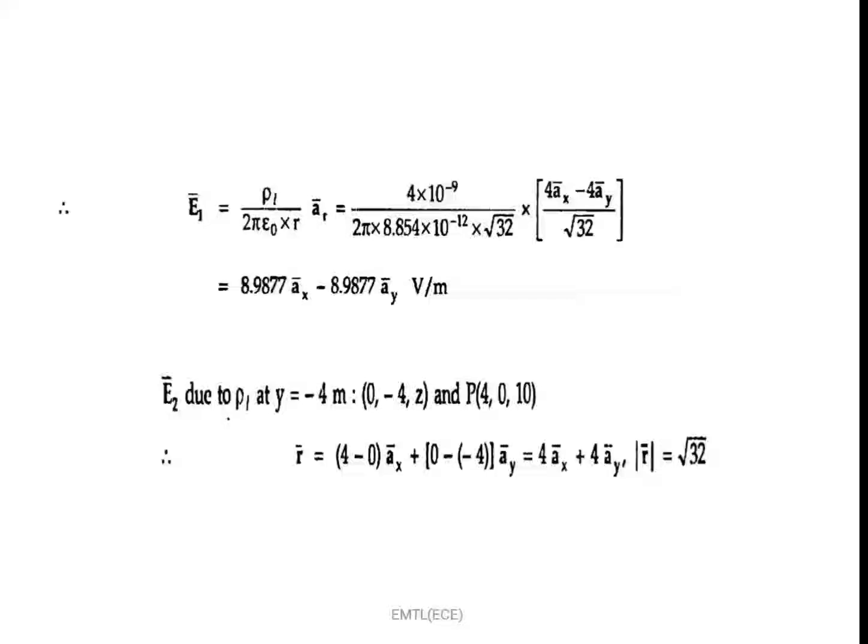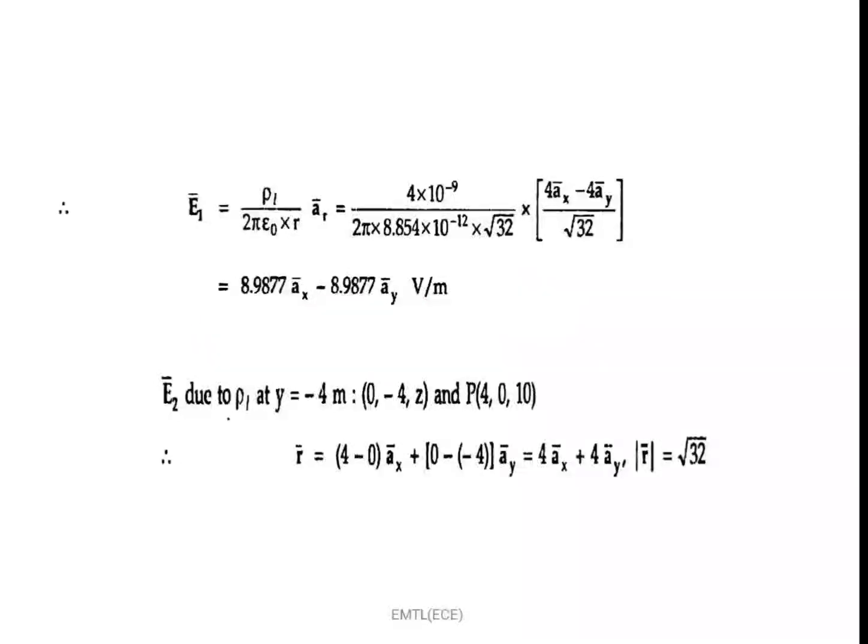To convert to coulombs we multiply with 10 power minus 9, so 4 into 10 power minus 9 by 2 pi into epsilon naught, that is 8.854 into 10 power minus 12, and the R value is square root of 32, and the unit vector aR bar is (4 ax bar minus 4 ay bar) by square root 32.